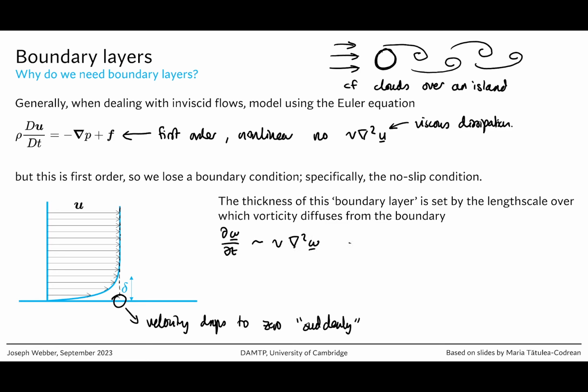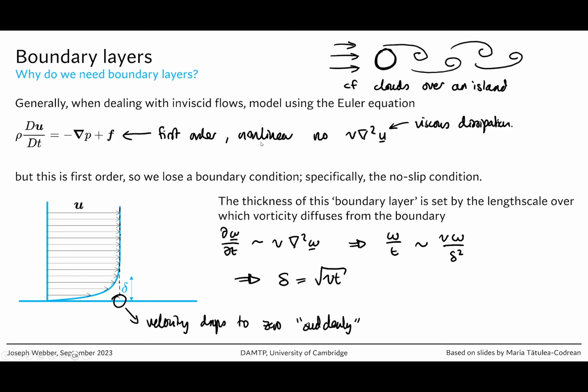So if we take scalings of these terms, we have omega over t scales like nu omega over delta squared, the thickness of this boundary layer, and that gives us that the boundary layer grows like the square root of the viscosity multiplied by time. So the thickness of the boundary layer increases in time, but it also increases as the viscosity increases, which is what we'd expect.